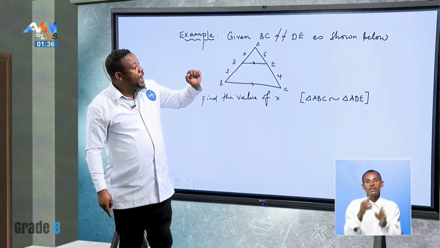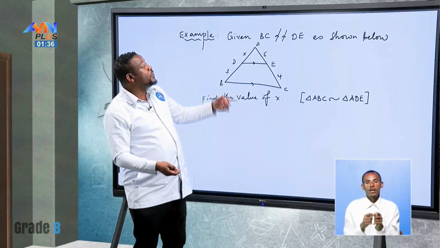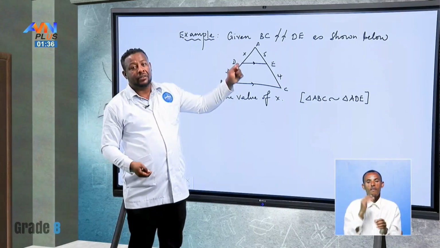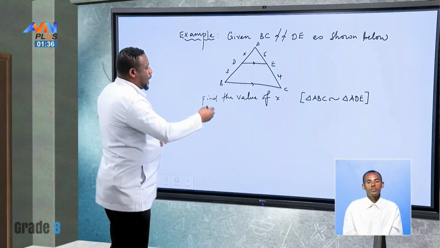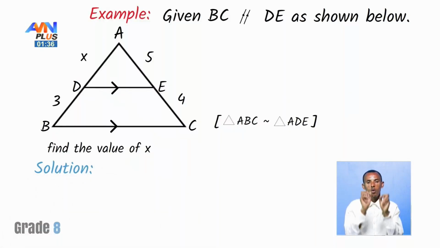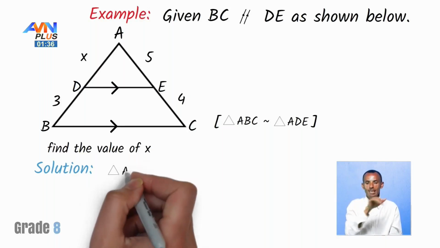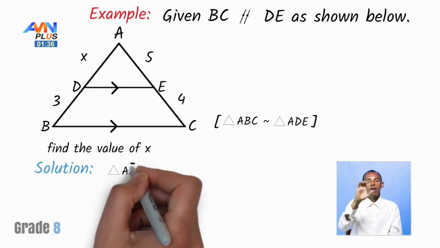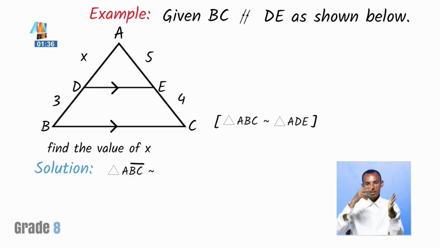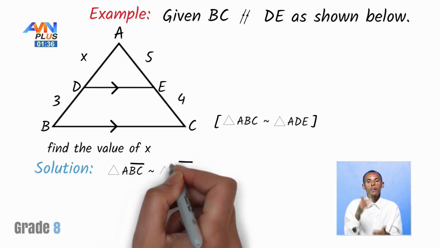So if we know these two triangles are similar, we can easily find the value of x, right? So let's do it. Okay, triangle ABC is similar to triangle ADE. This implies the ratio of the corresponding sides are the same.